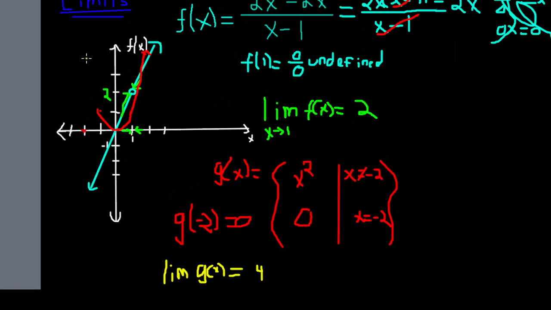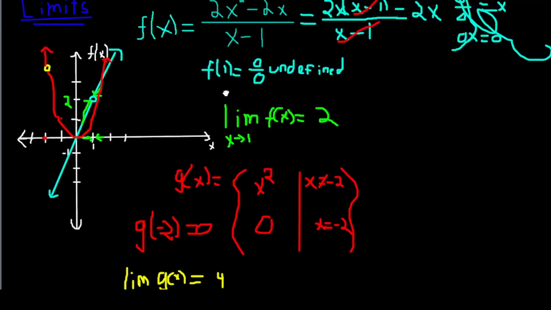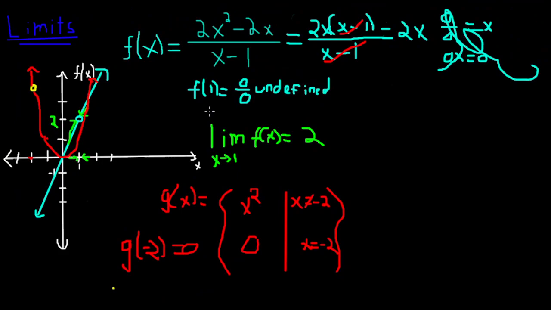So let's say this is about 4. It's an awful parabola, but you get the point. So that's basically what a limit is. And later I will talk about one-sided limits and eventually what they're used for.